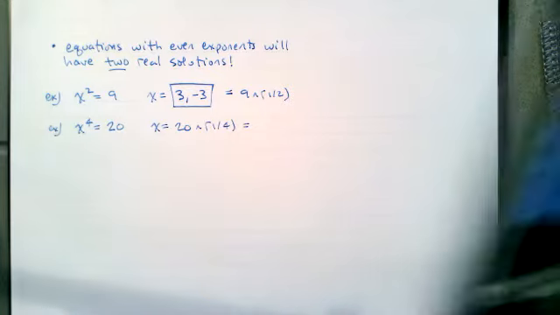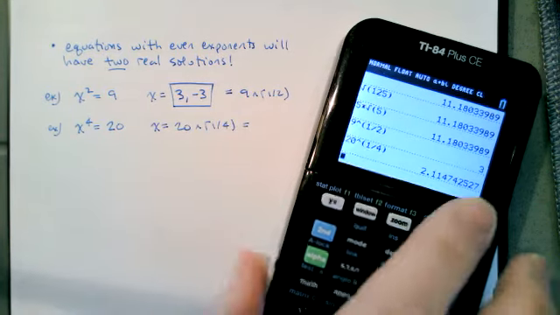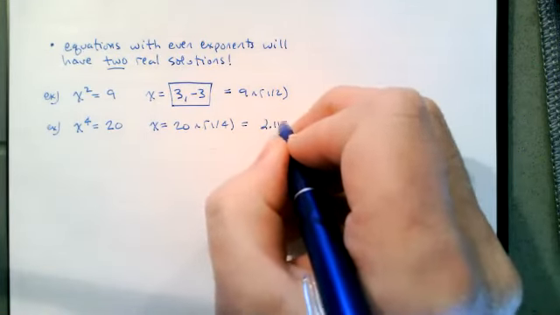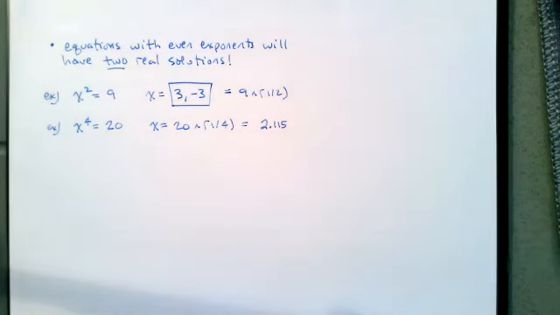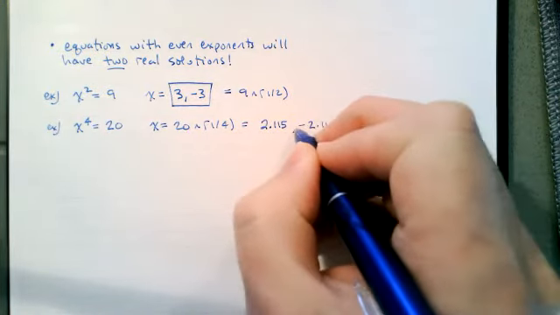We'll grab our calculator for 20 to the 1/4 power, and we get 2.115, we'll call it, to the nearest thousandth. That's the one that our calculator will tell us. We have to know that there's another one, because if I raise a negative to an even power, it also comes out positive. So negative 2.115.